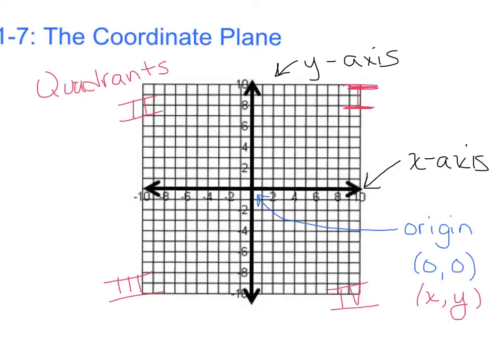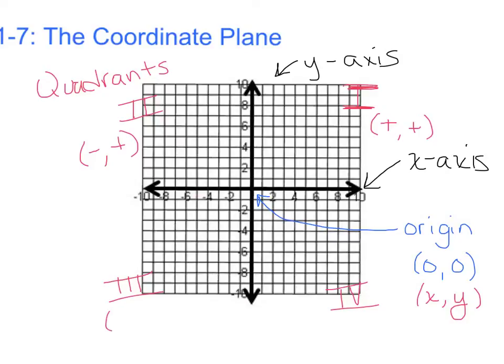So therefore, when we look at the quadrants, anything in quadrant 1 would have a positive x value and a positive y value, because we will have to go to the right and up. So positive, positive. When we look at quadrant 2, we'll go to the left and up. So our x-coordinate will be negative, our y-coordinate will be positive. For quadrant 3, we'll go to the left and go down.